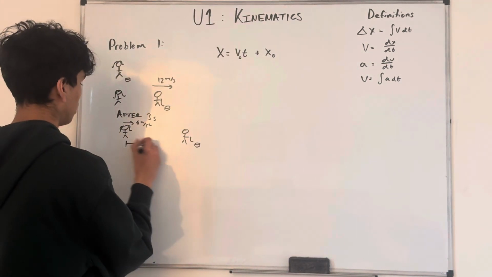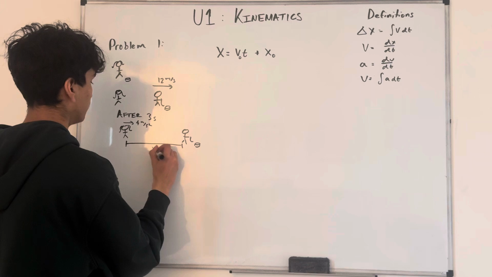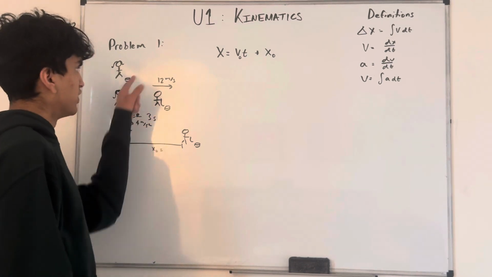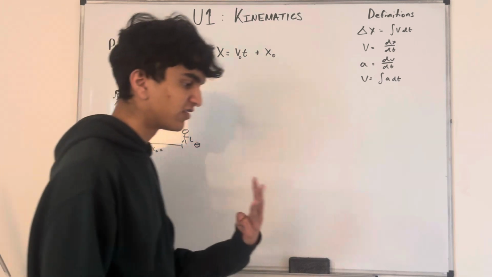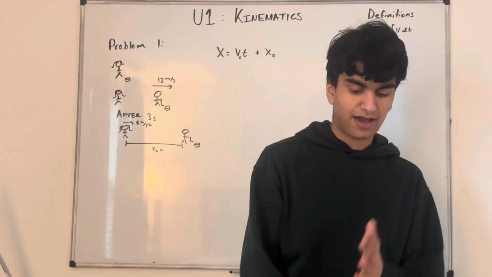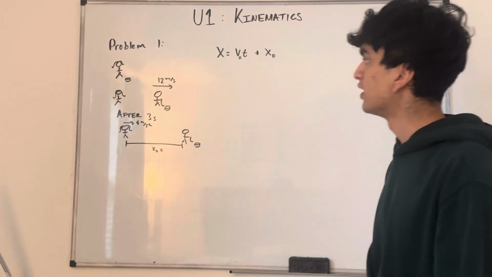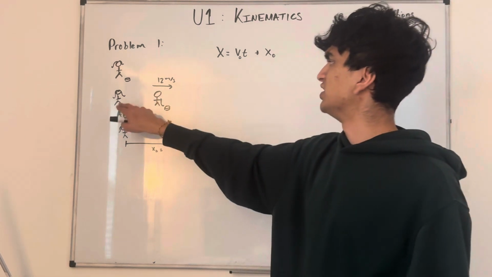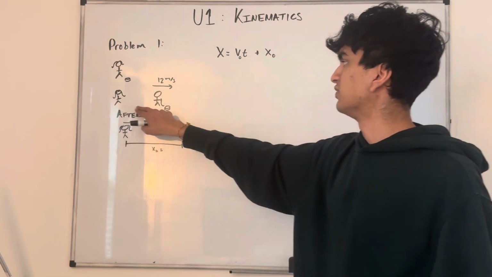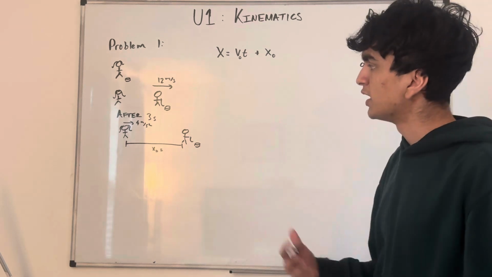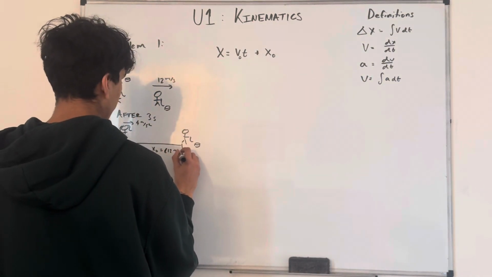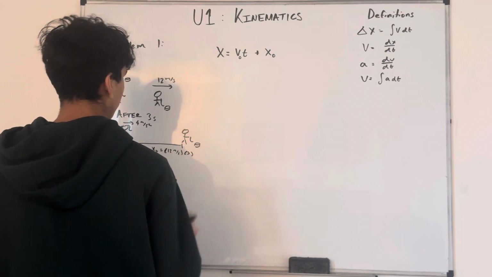So I can even show it like this. This is x initial, which is just velocity times time, right? If you waited 3 seconds after he was initially there, and this picture's a little misleading. It's more like she catches him right here, and then after 3 seconds he gets to this point, then it's just going to be 12 meters per second times 3, or 36 meters, right?